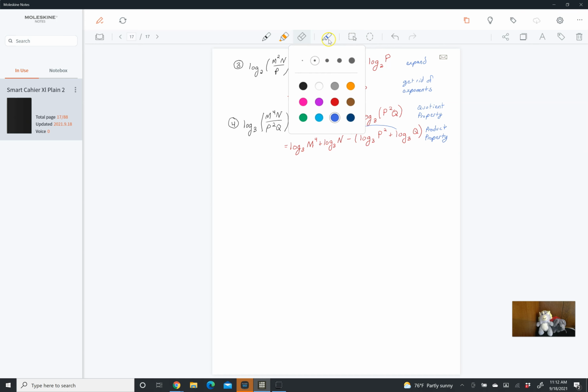So what does that leave us with? Log base 3 of m to the 4th plus log base 3 of n minus log base 3 of p squared minus log base 3 of q. And that's actually always going to happen.